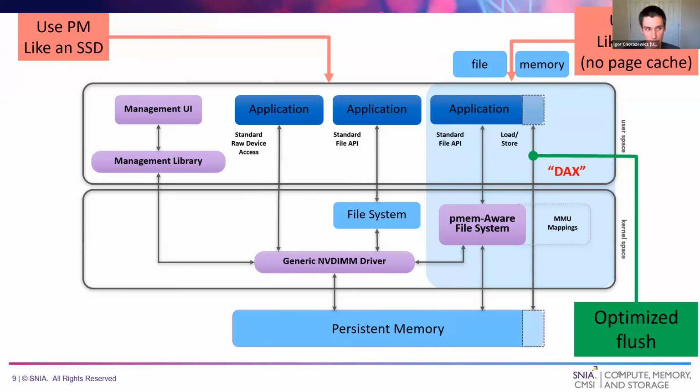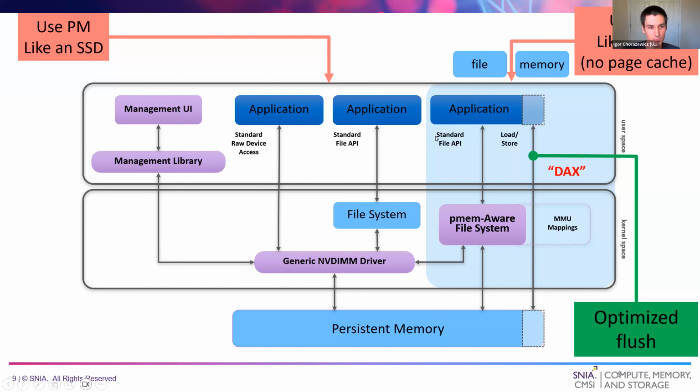So we can just use this as a regular SSD. You can use traditional standard file APIs, and in that case, persistent memory is basically just a fast SSD. If you want to leverage persistent memory in a more optimal way, you can use it through a PMEM-aware file system.